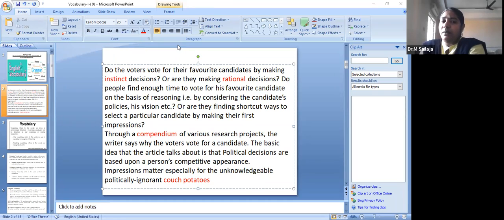Next, do people find enough time to vote for their favorite candidate on the basis of reasoning, that is, by considering the candidates' policies, his vision, etc., or are they finding shortcut ways to select a particular candidate by making their first impression? On which basis are they going to choose their rulers?